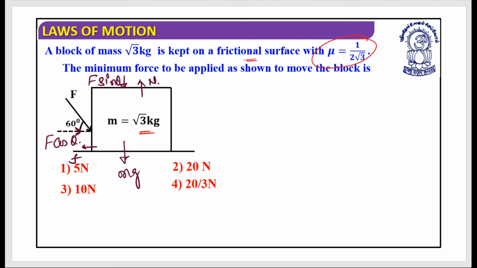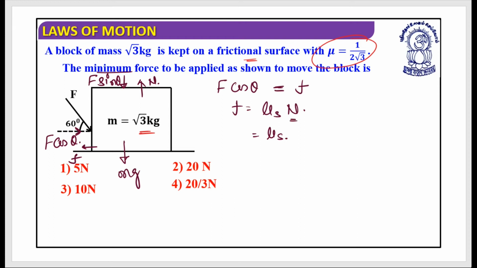So this block can start moving if F cos theta is equals to friction. Because this is the minimum force required, it starts moving if F cos theta is equals to friction. Now what is friction? We understood that it is mu s into N. What is N?